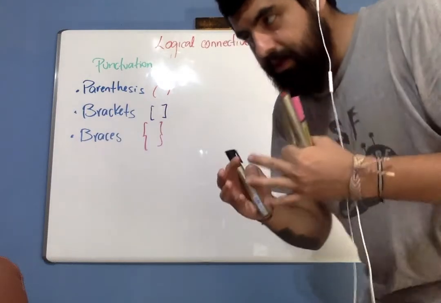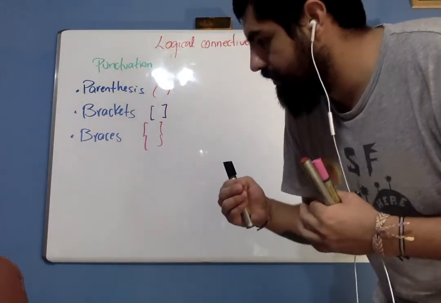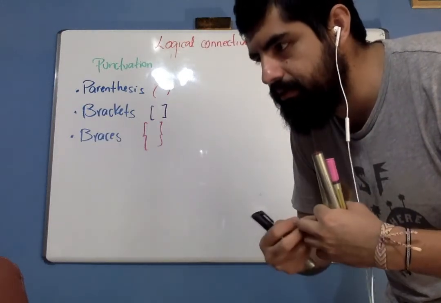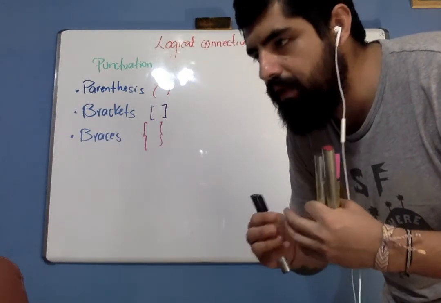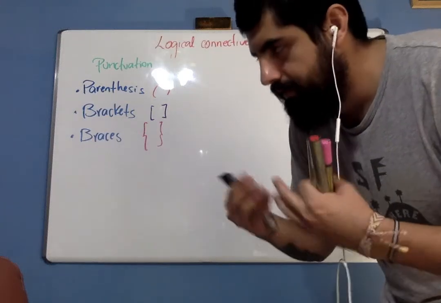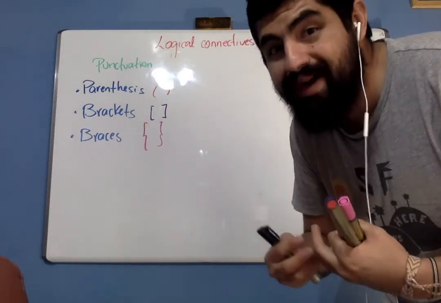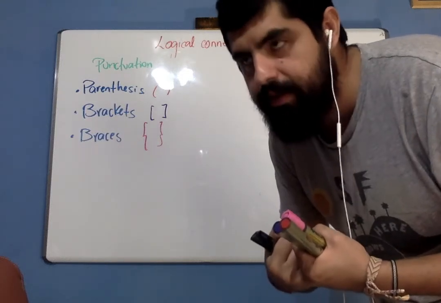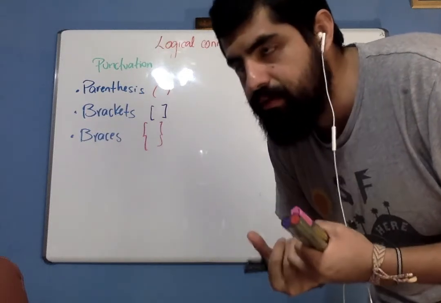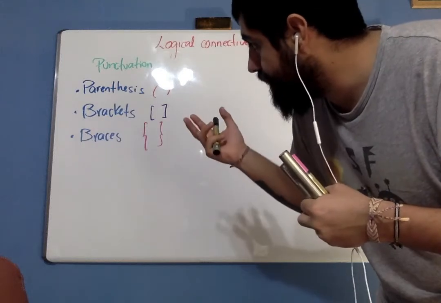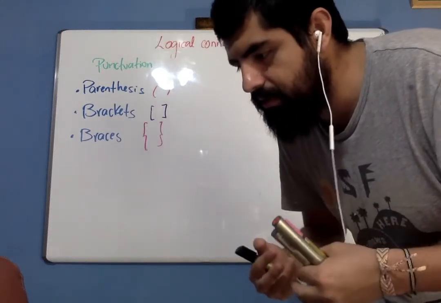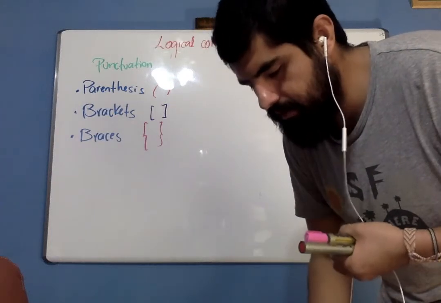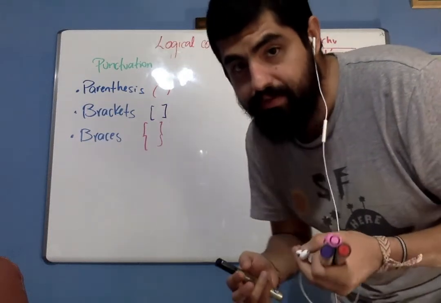Okay, now remember that I told you that the use of the hierarchization or the hierarchy or priority of the logical connective supposes that we are not using punctuation marks. But imagine that in complex statements or in complex expressions, we actually need to use punctuation marks because they give the expression more clarity. Okay.